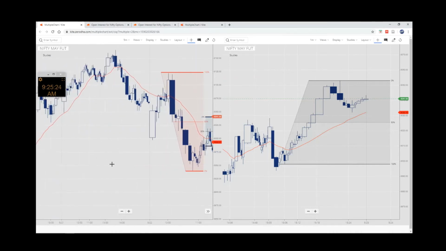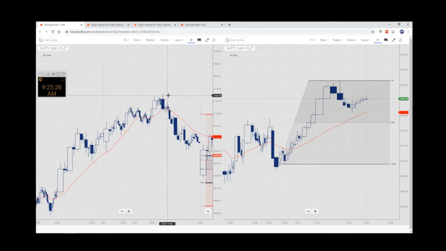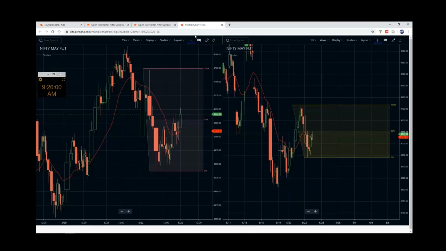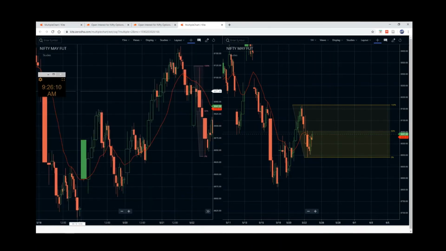Supposing at this point we do not know what is happening, why it is reversed, or where it is exactly heading in this area. At this juncture, when we are not sure where it is heading or why it is going till this particular high, immediately I refer to the higher time frame, where the 15-minute time frame will give me a decision on whatever other additional factors there are.